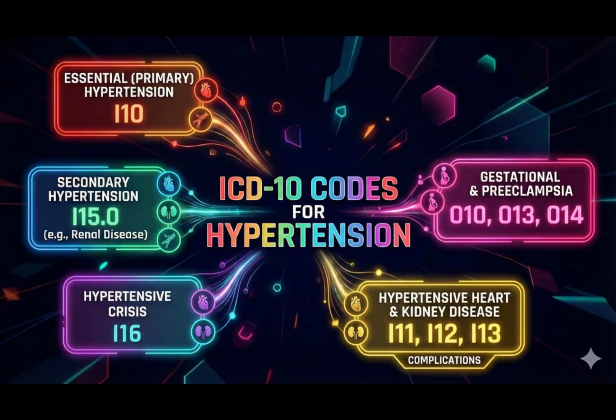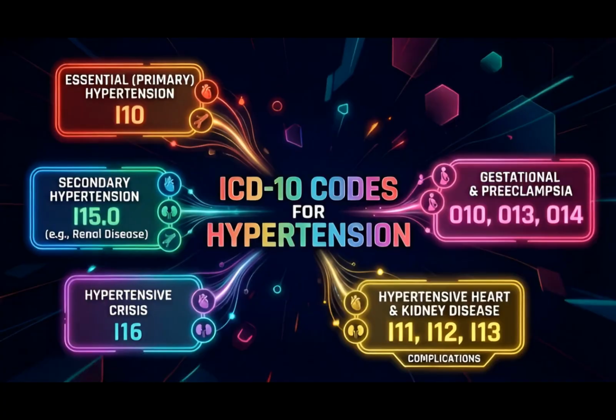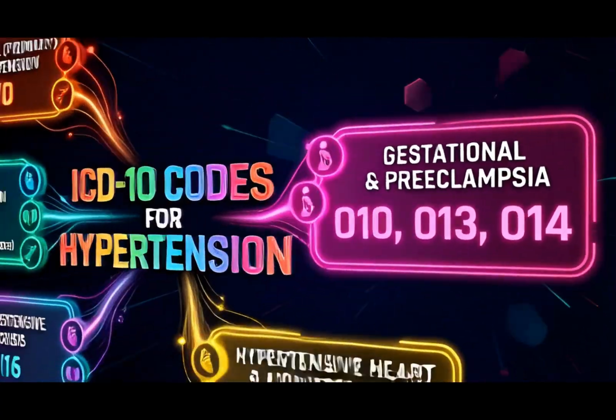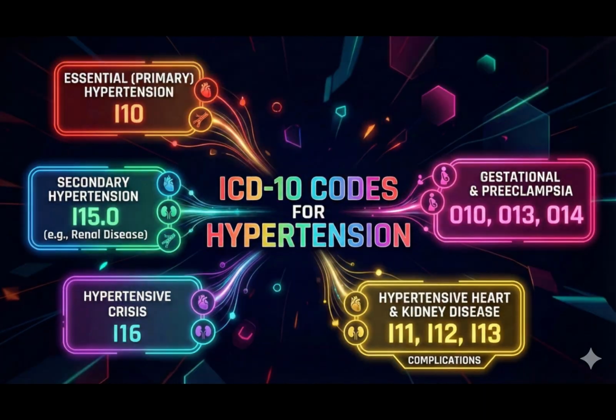These codes are used when the provider clearly documents hypertension with heart involvement, kidney involvement, or both. And finally, for pregnant patients, hypertension is never coded with I codes. Instead, we use the O10, O13, and O14 series to capture chronic hypertension, gestational hypertension, and preeclampsia. Understanding these categories is the first step in mastering hypertension coding.